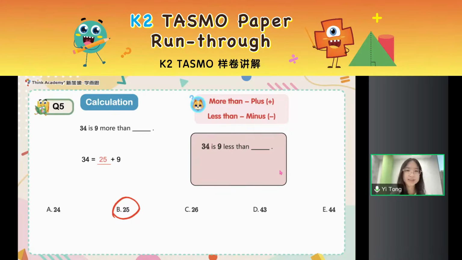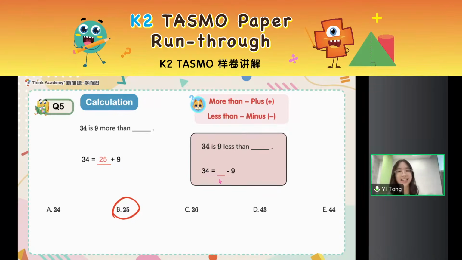I see some answers for the first question. Okay, and now, how about 34 is 9 less than? Yes. Okay, I see some alternatives even. Now, if we translate is to equals to, so we can write down 34 equals to what?